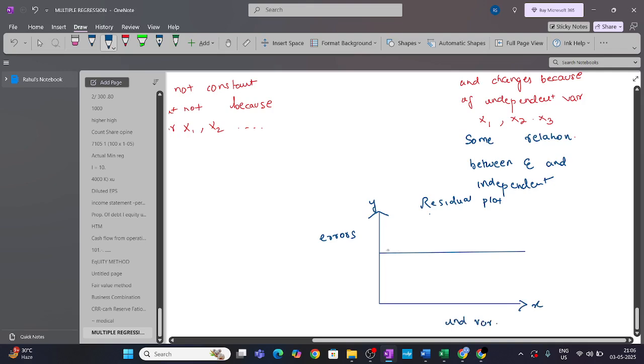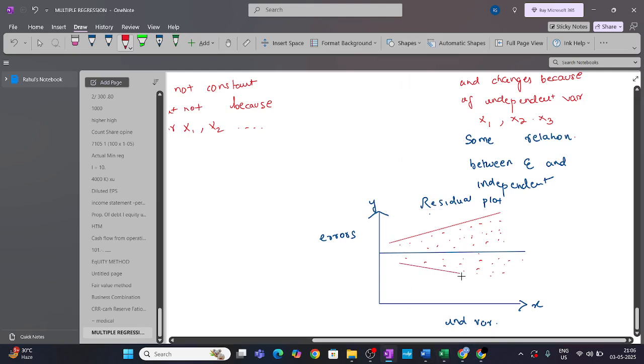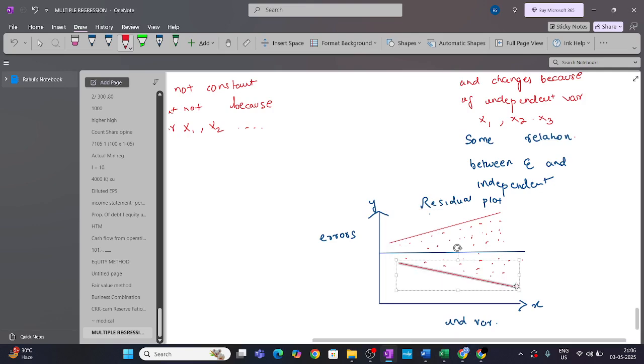The plot is going to look something like this. Notice that the variance of the error term is increasing as the independent variable is increasing.